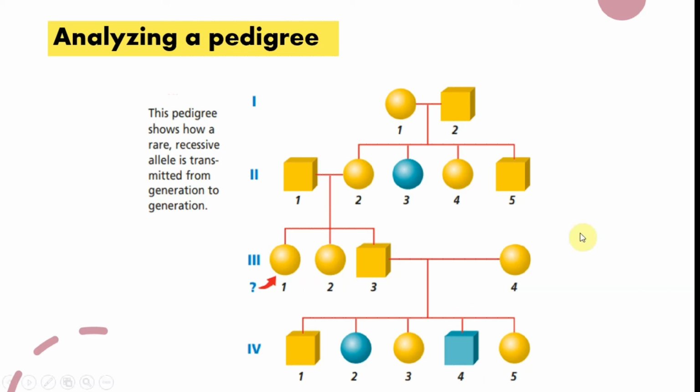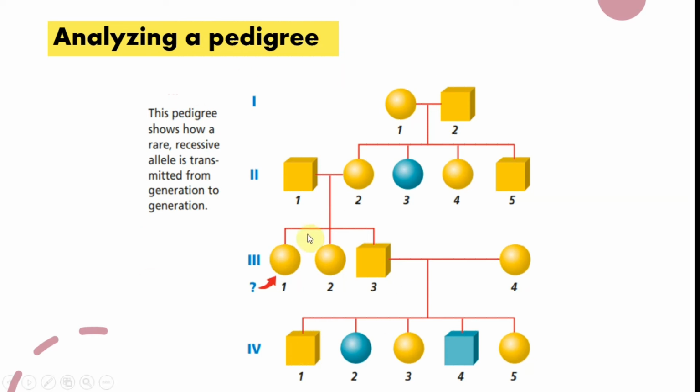Suppose individual 1 from the third generation in the pedigree wants to know the likelihood of passing on this allele to her children. By studying the pedigree, the individual will be able to determine the likelihood that she carries the allele. Notice that information can also be gained about other members of the family by studying the pedigree.